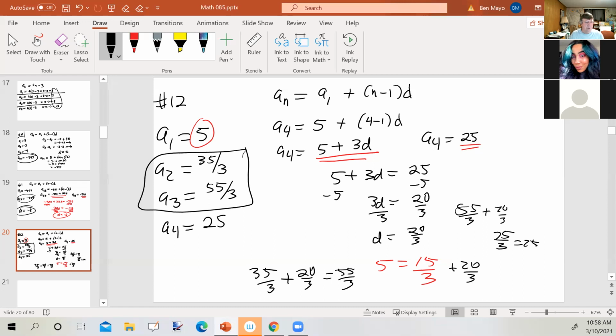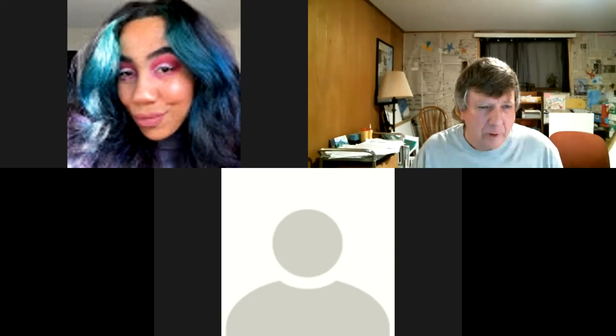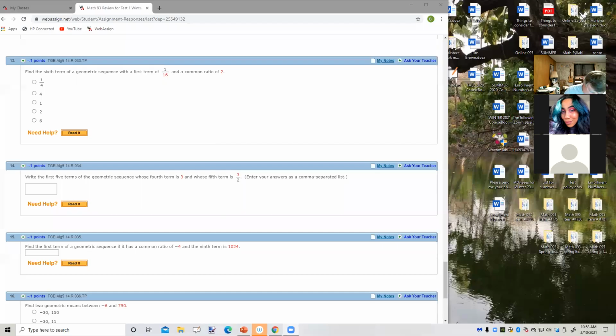All right, let's go on and take a look at some geometric sequences. Number 13 says, find the sixth term of a geometric sequence with a first term of 1/16 and a common ratio of 2.